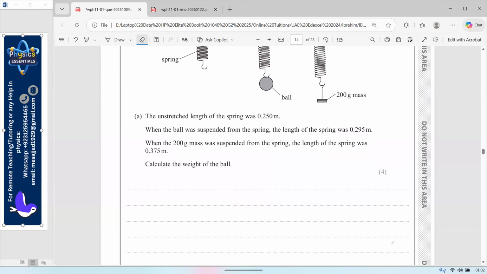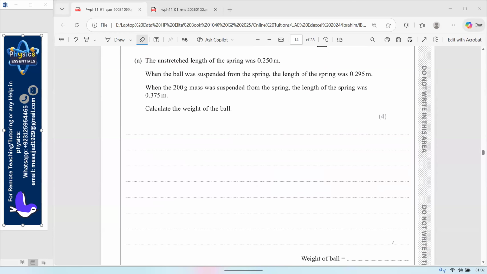So initially, you have the length of the spring as 0.250 m, and the final becomes 0.295 meters. Okay, and that is for the ball, not for the mass.